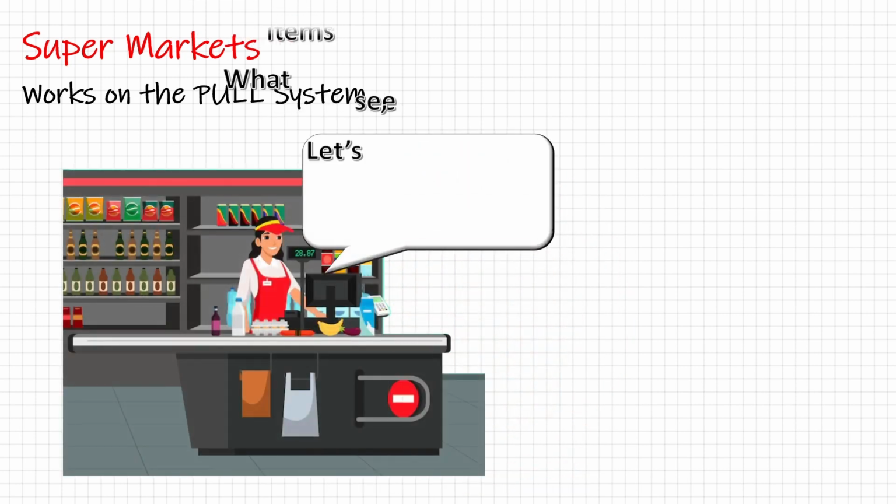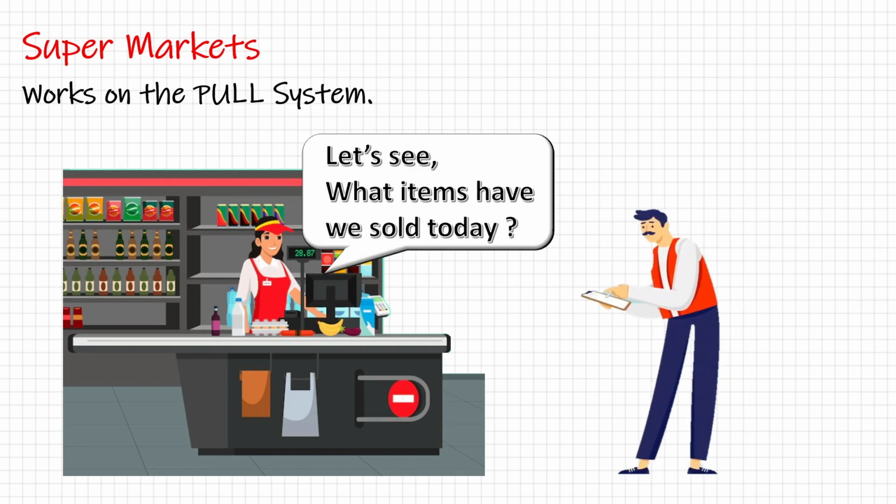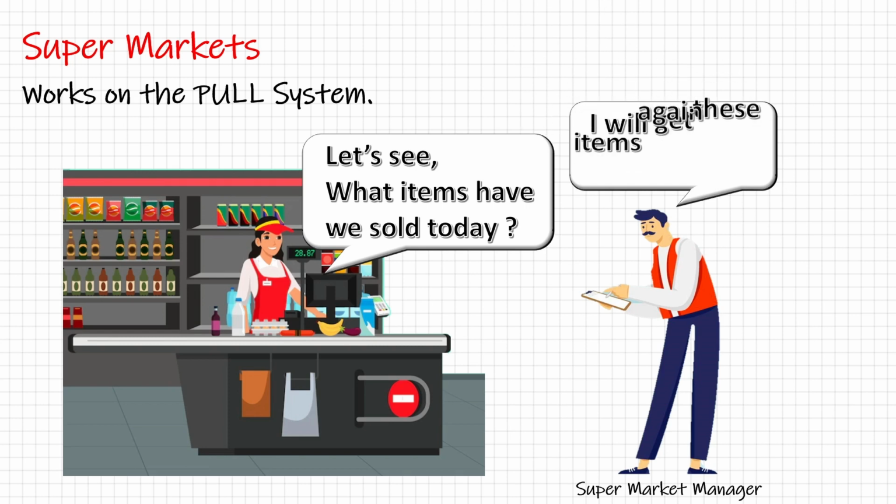They simply take note of all the items they sell on a particular day, and then this list of items which consumers have bought becomes the production schedule or the refilling schedule for the next day. Nothing more, nothing less. Yes, of course, they have to initially decide the quantity of individual items based on their demand and supply, but it is a one-time job. Once done, you just have to replenish or refill what is taken out.